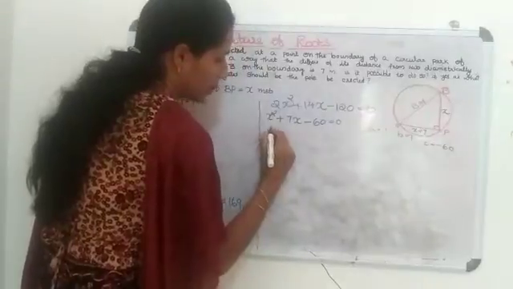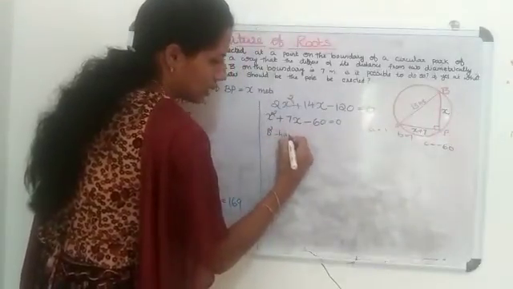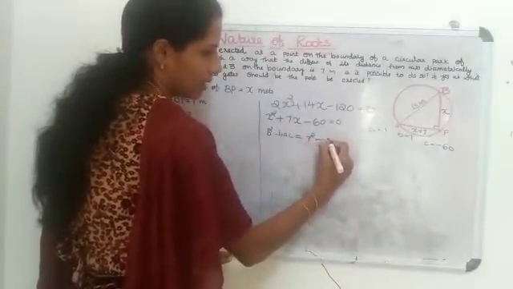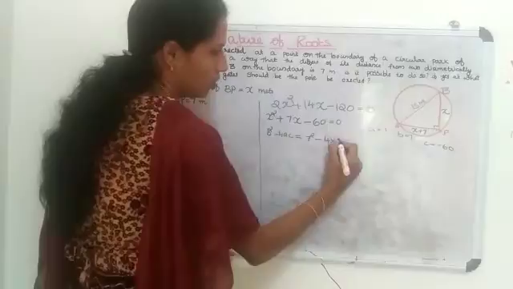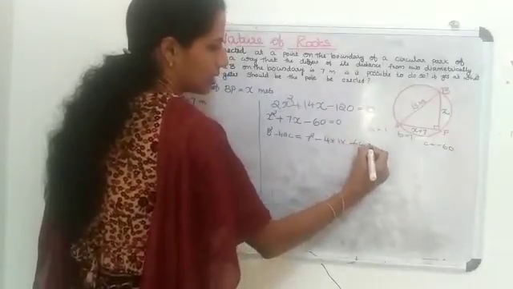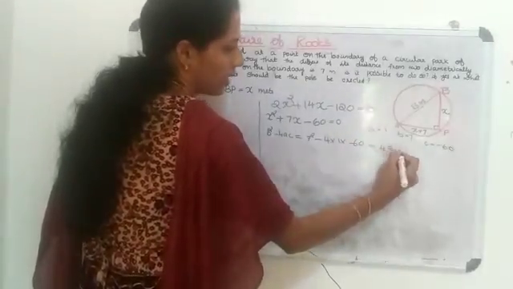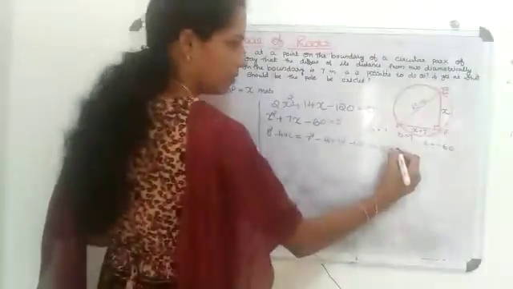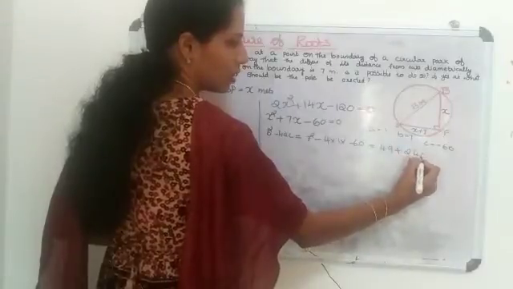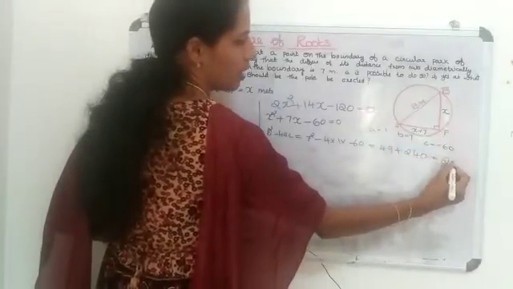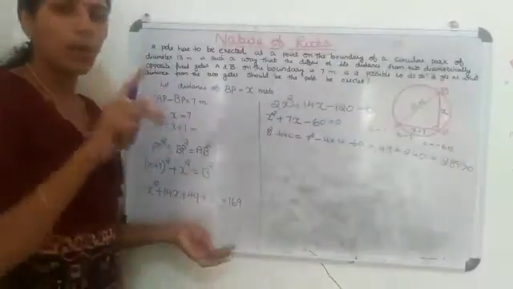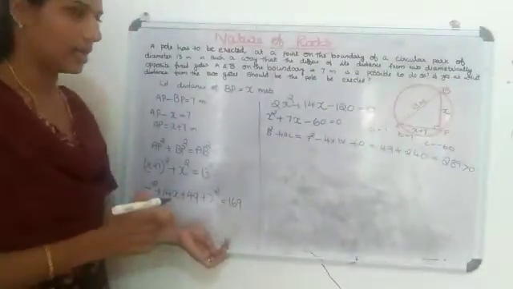From this b square minus 4ac is equal to 7 square minus 4 into 1 into minus 60, that is 49 plus 240, which becomes 289, that is greater than 0. When b square minus 4ac is greater than 0, we learned that the equation has two distinct real roots.